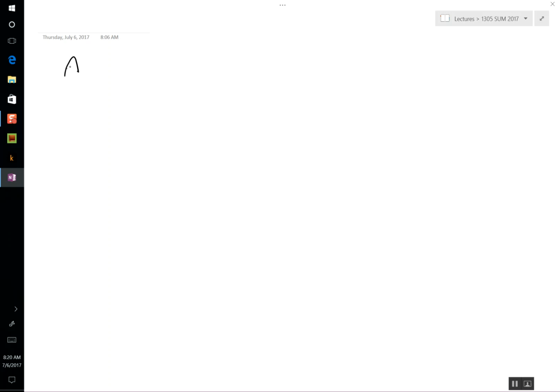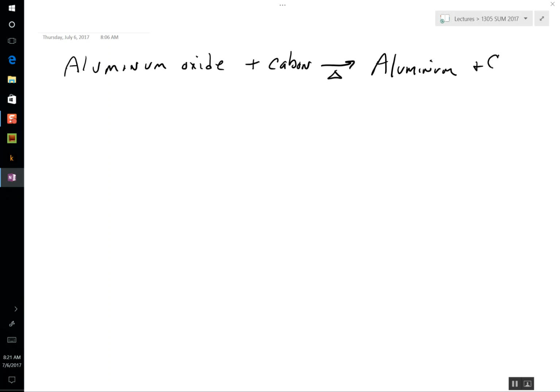And what they do is they take aluminum oxide. Well, I'm not sure this is their reaction, but you can take an aluminum oxide and carbon and react it with a lot of energy and produce aluminum and carbon dioxide.